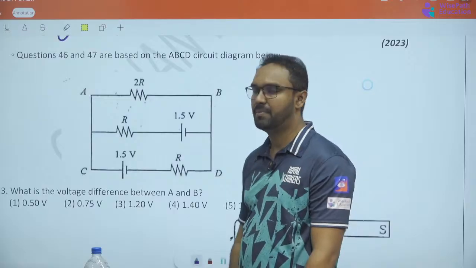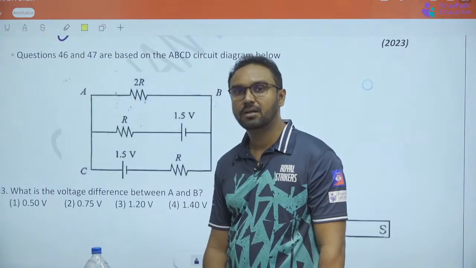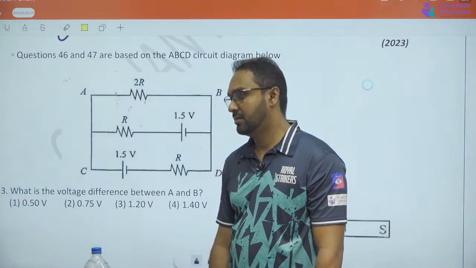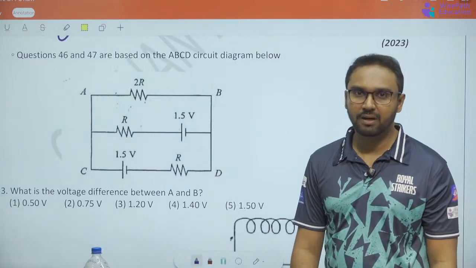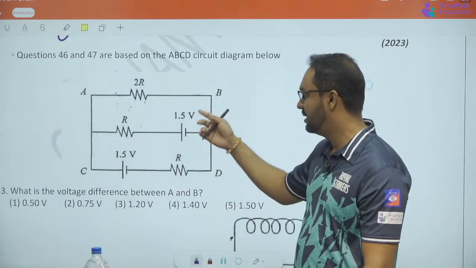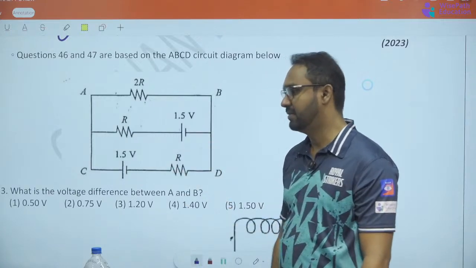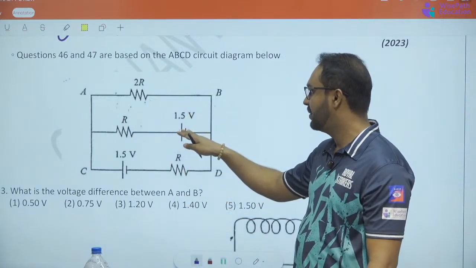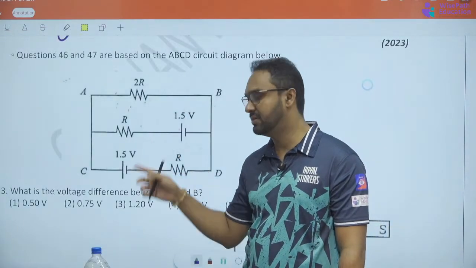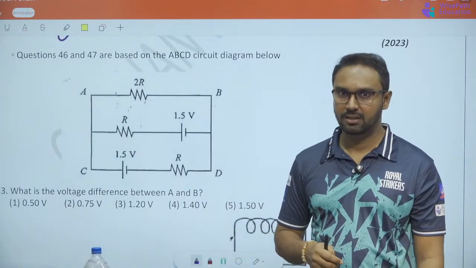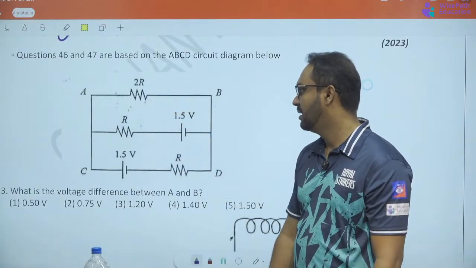If the batteries have the same value, the total voltage supplied to the circuit will be just 1.5. And let's say if this was 1.8 and this was 1.5, the voltage of the circuit will be the greater voltage, which is 1.8. 1.5 will give no effect.